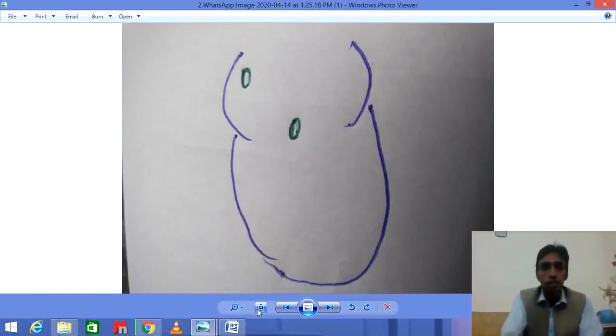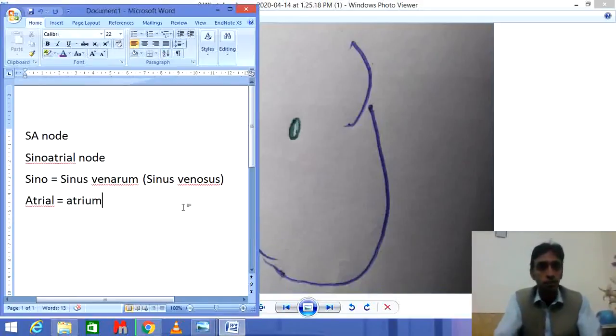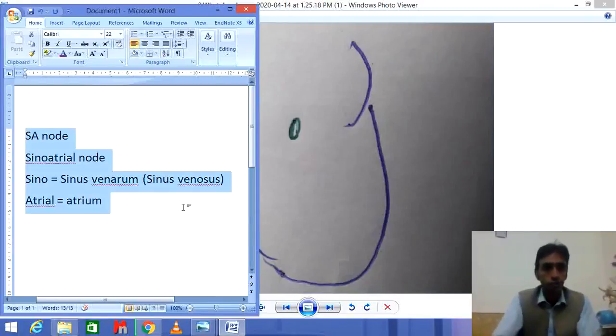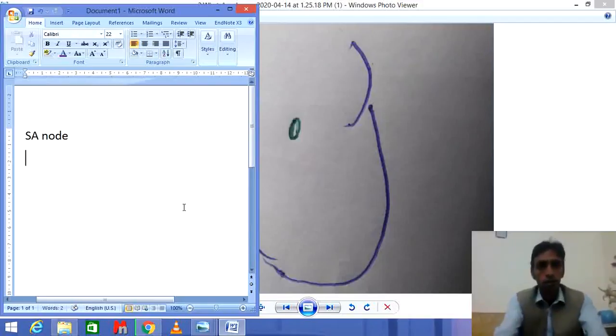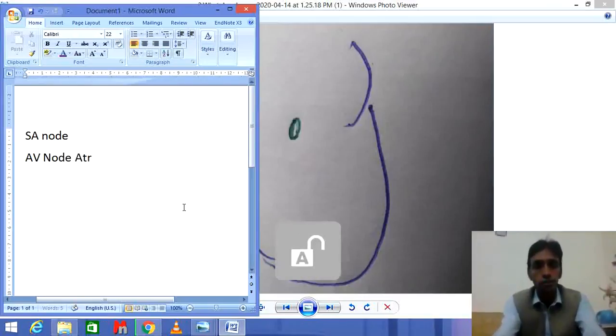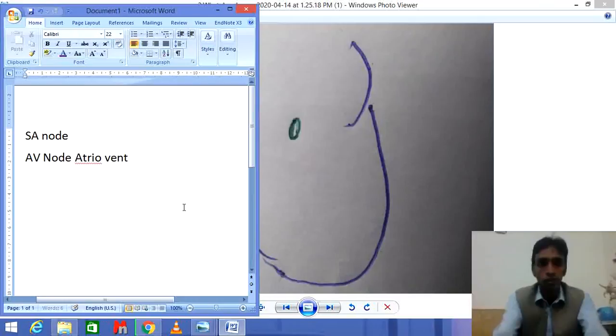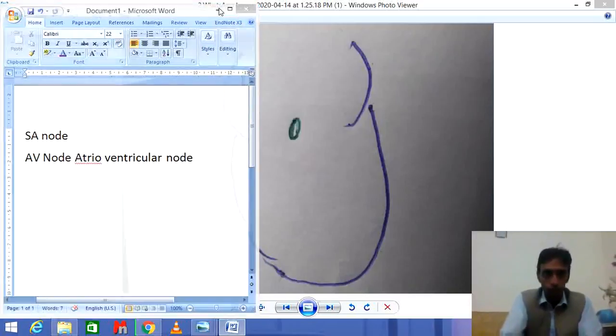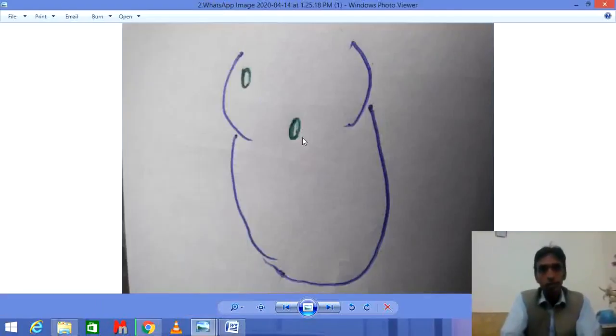This is called the AV node, or atrioventricular node, because it is present at the junction of the atrium and ventricle.